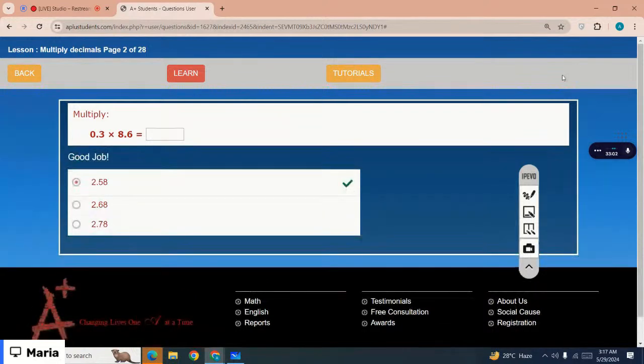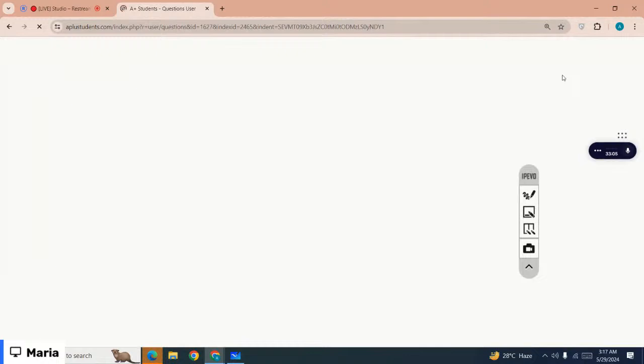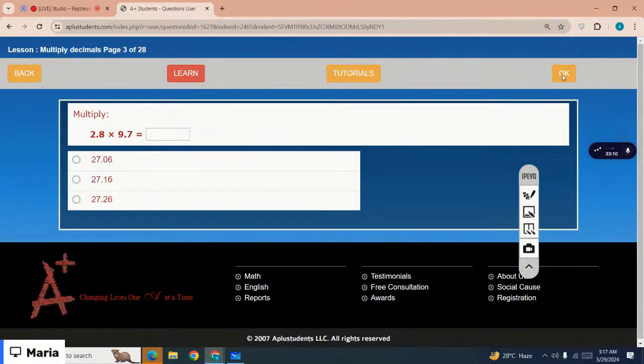Now the next one you can do on your own. That is 2.8 times 9.7.